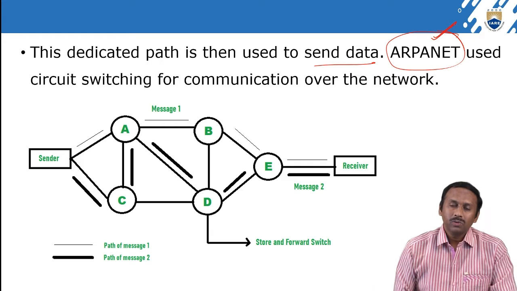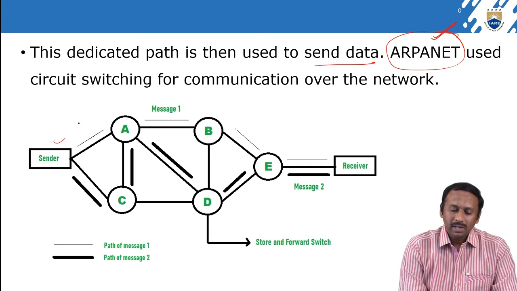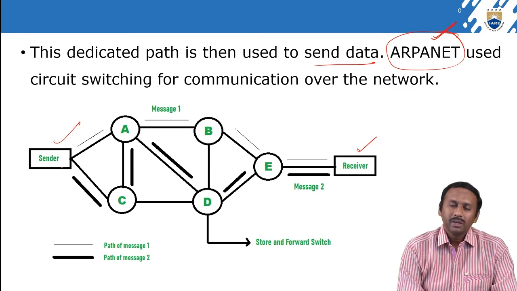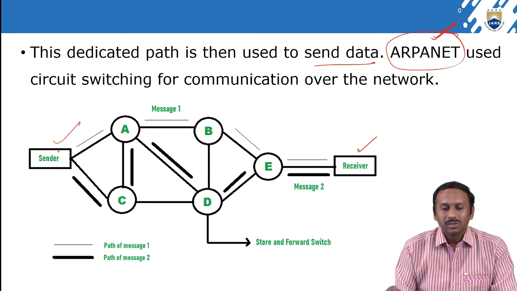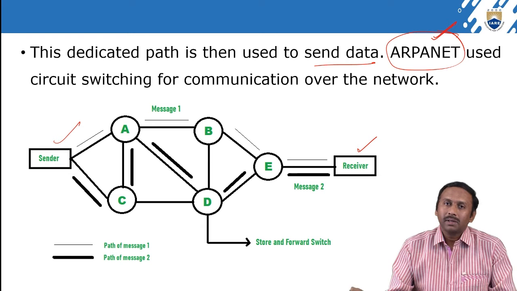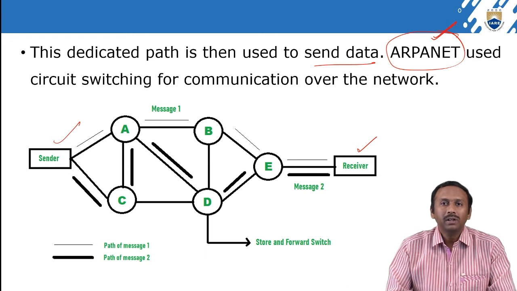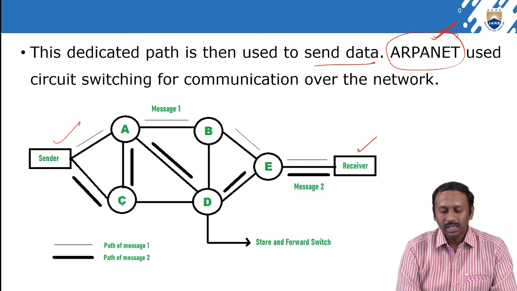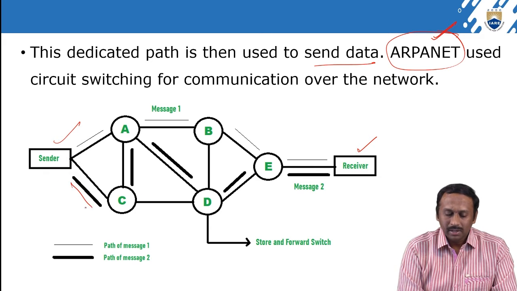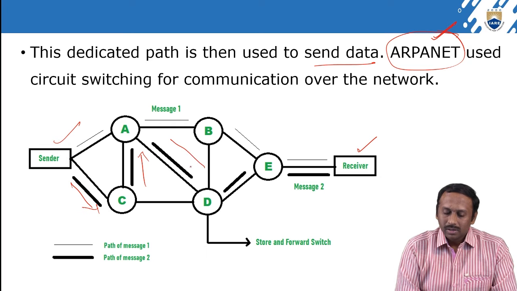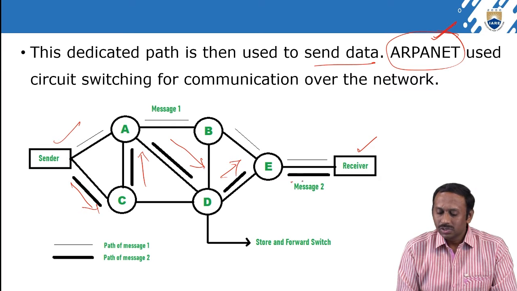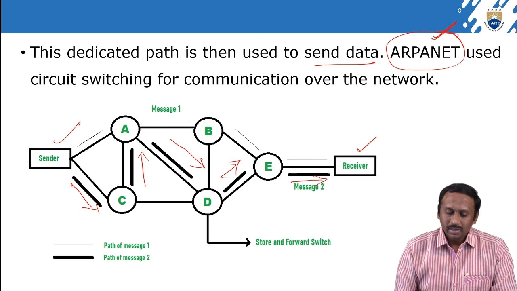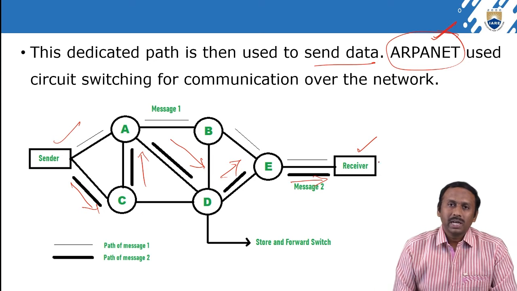At that time, they transmitted data just like this, with the help of circuit switching. In circuit switching, there are sender and receiver, and multiple dedicated paths are available from sender to receiver, and the sender transmits over one dedicated path. Like this, the data and the message are transferred from sender to receiver.